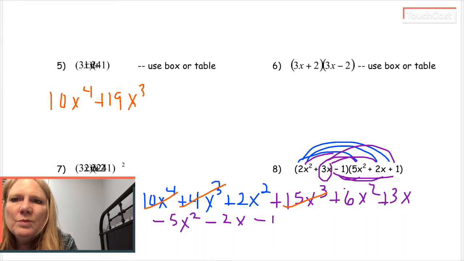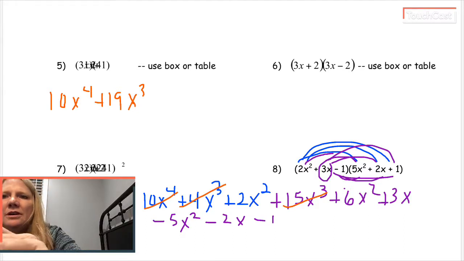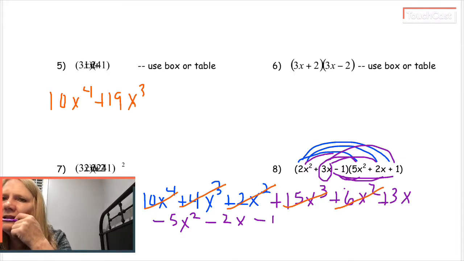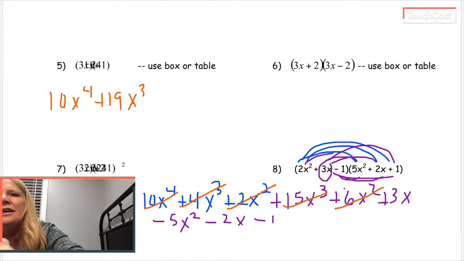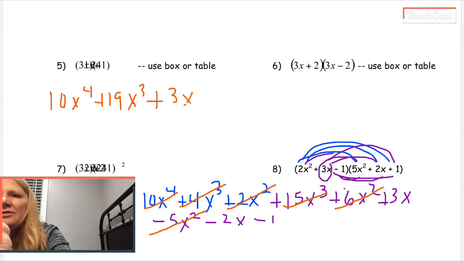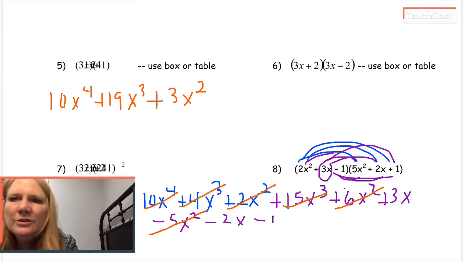Look for powers of 2. I have a positive 2x squared and a positive 6x squared. That is 6 plus 2 is 8x squared. Then I also have a negative 5x squared. So 8 minus 5 is a positive 3x squared. So I took care of all my x squared terms.